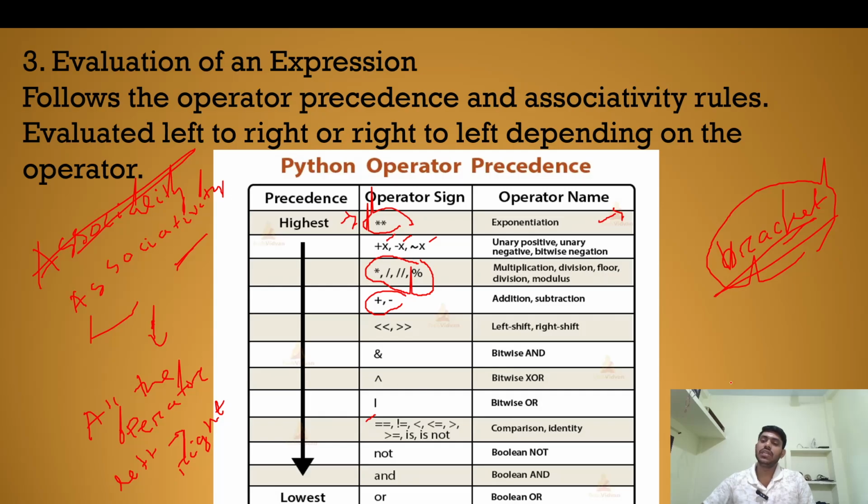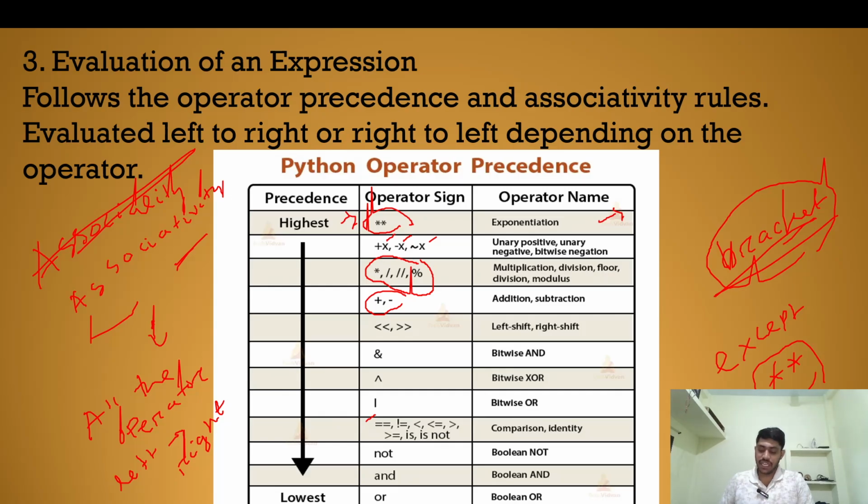If exponentiation is in your expression, then you follow right to left. They have written here: except exponentiation, which has right to left associativity.